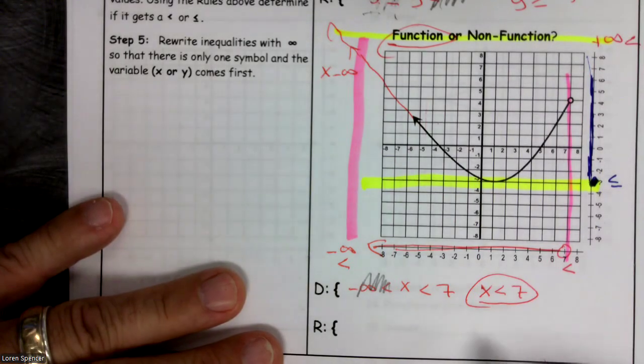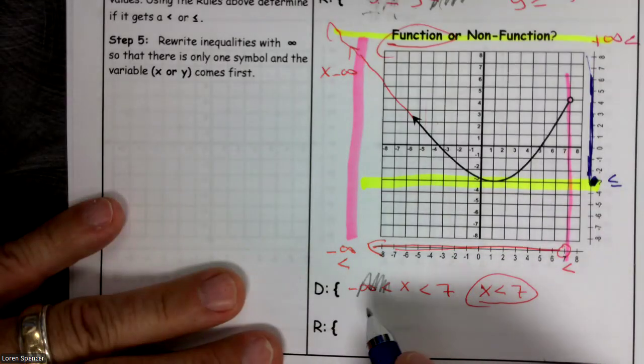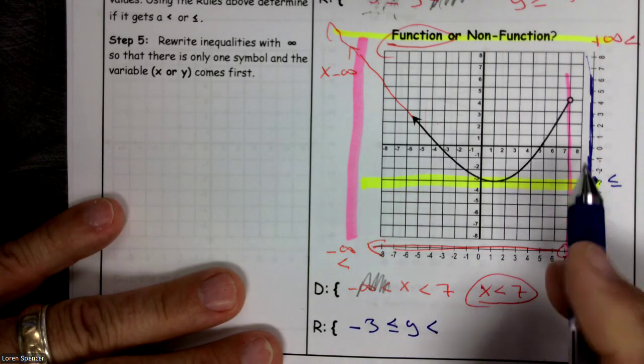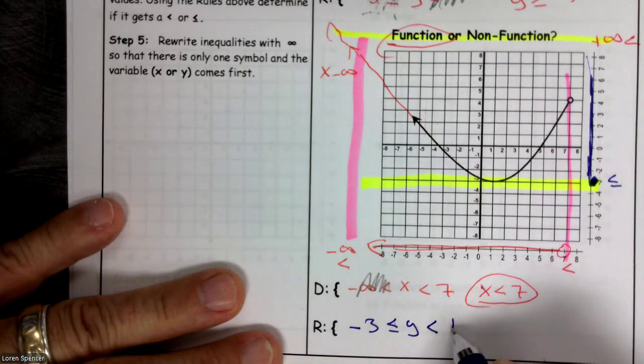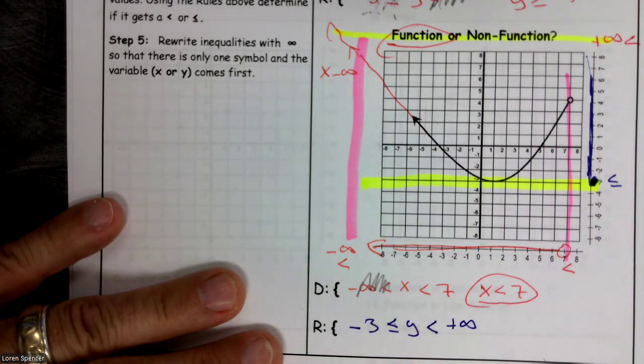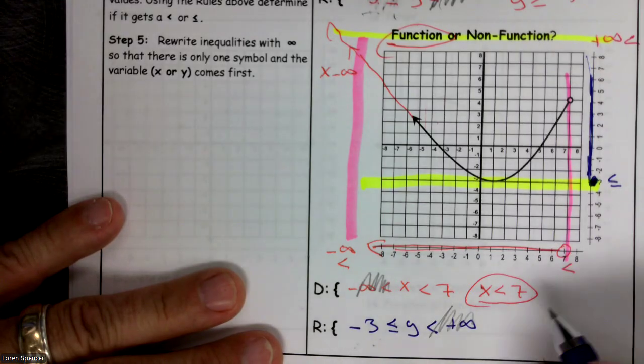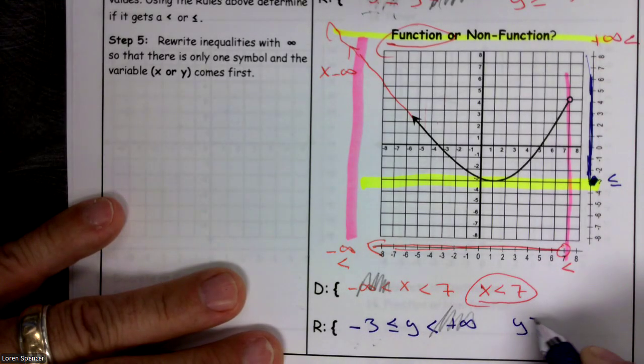In this case, we have -3 is less than or equal to y is less than positive infinity. Once again, can't have the infinity. And I notice this is not in the right order, so I have to flip everything. So y greater than or equal to -3.